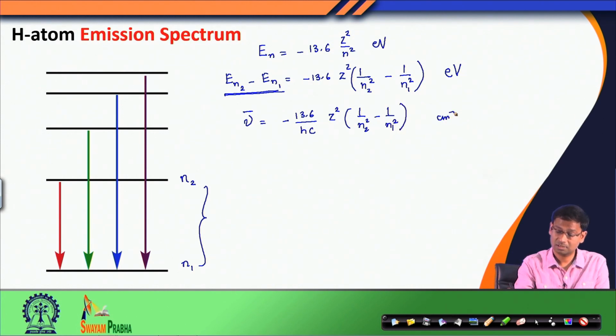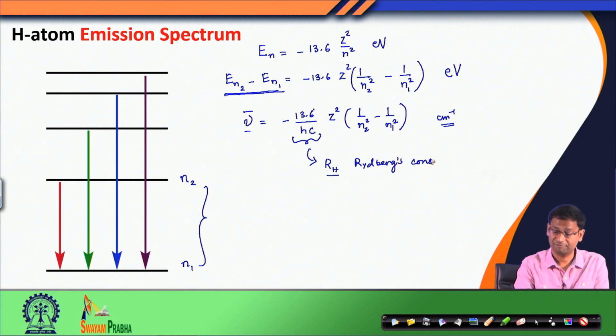And now this is expressed in centimeter inverse unit, the unit of wave numbers. When you look at this quantity, 13.6 electron volt divided by hc, and do a conversion of units, you would see that the value is simply the Rydberg constant that you are already familiar with.